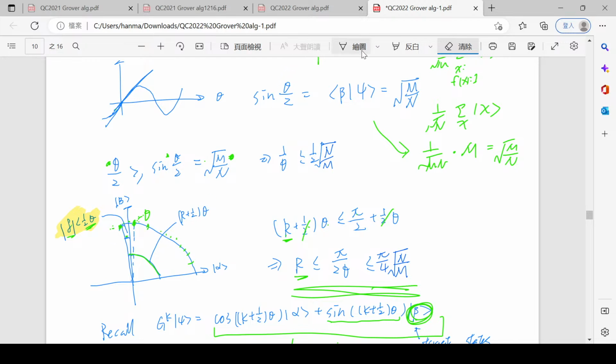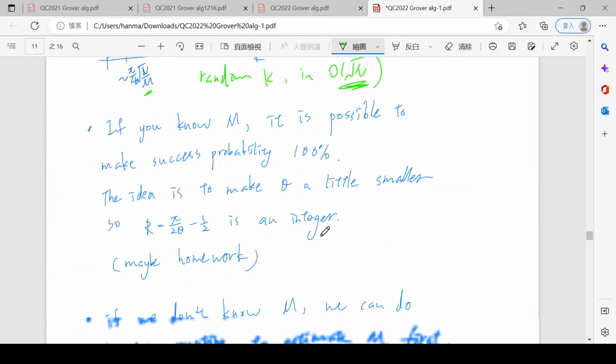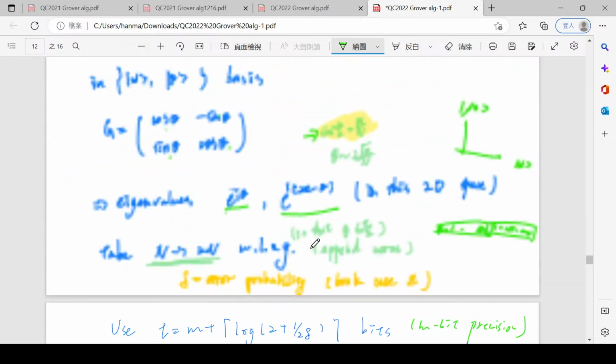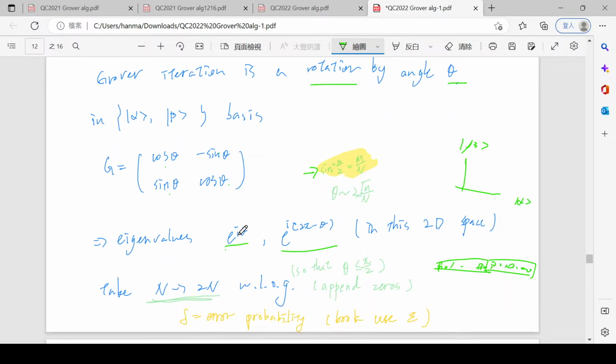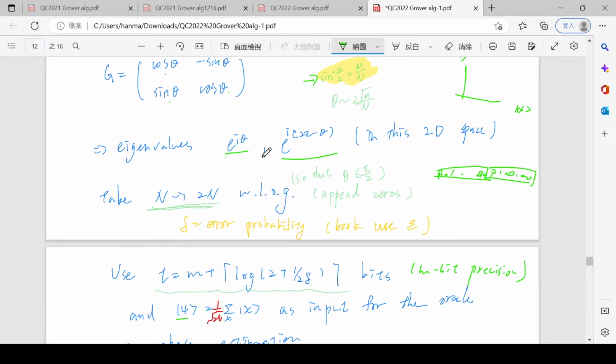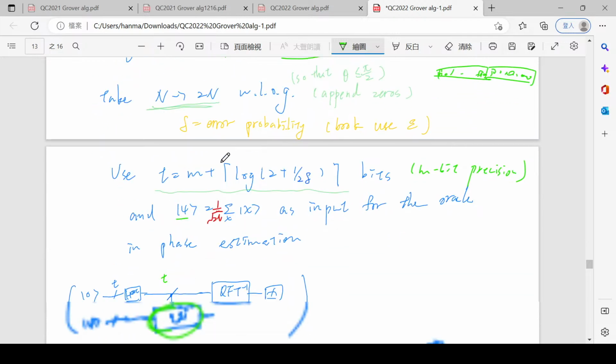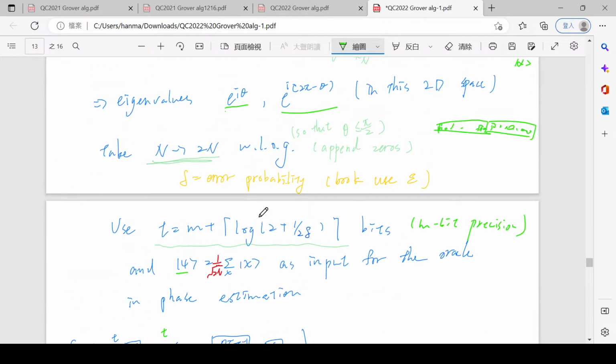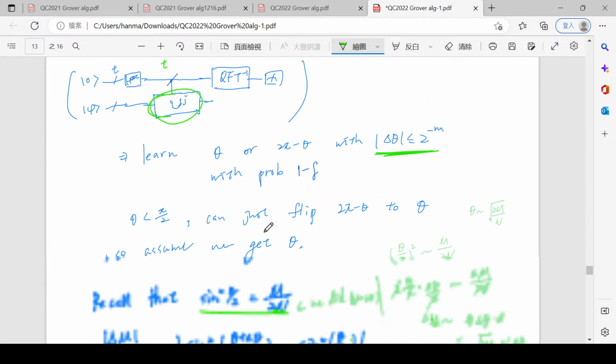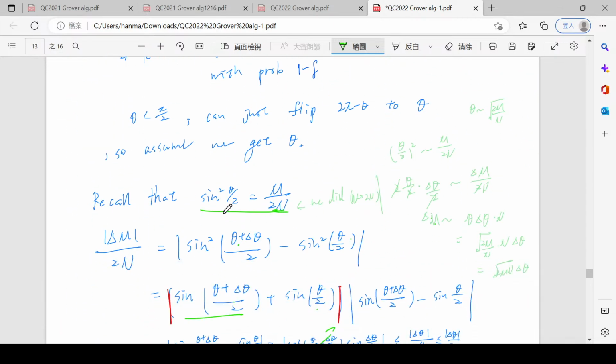Okay. Oh, I guess if we want to analyze the error probability, that's very simple. We don't even need to think about the error in the m, because we already have the error in theta here, right? We are estimating theta. So if we are estimating theta to some constant additive error, then we'll be fine, right?